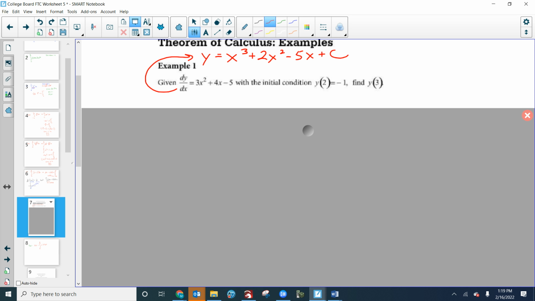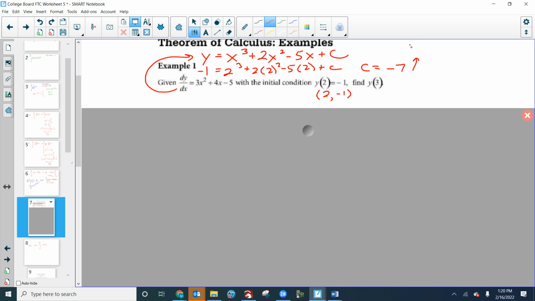Plug in 2 comma -1. This is a point on the original. This is 2, -1. -1 equals 2 cubed plus 2 times 2 squared minus 5 times 2 plus c. Math, math, math. C equals -7.